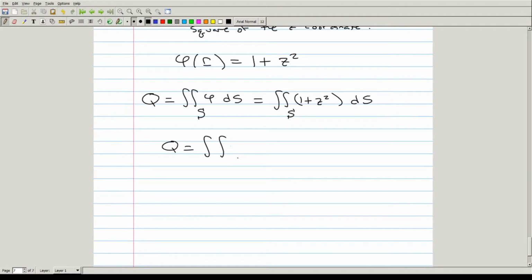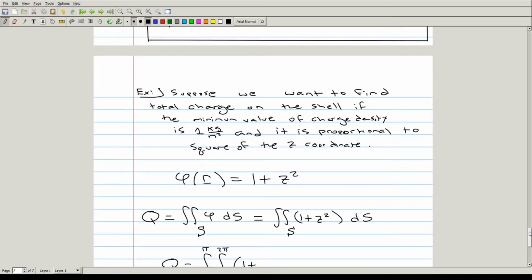Which is going to be the double integral from 0 to pi, 0 to 2 pi, of 1 plus z squared here. So we'll call it the sphere of radius r. I don't think I mentioned the radius. This is a spherical shell of radius r.